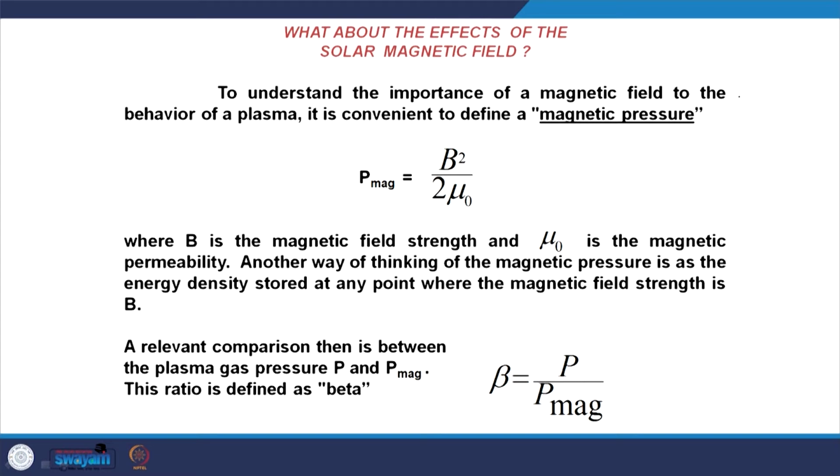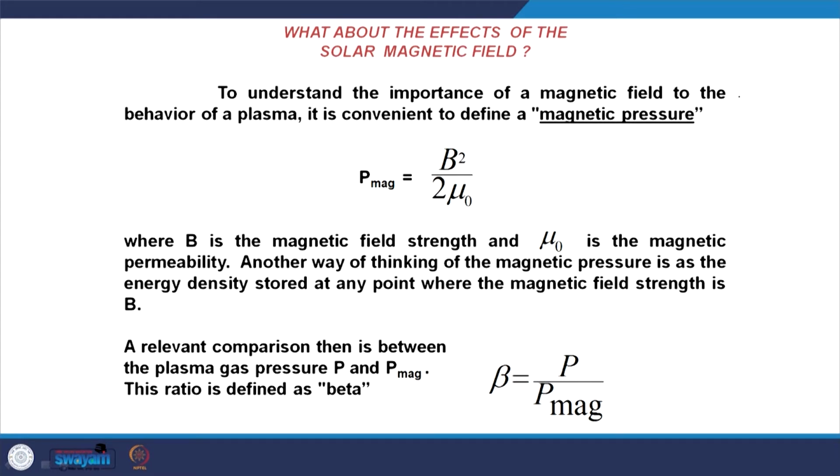If B is the magnetic field associated with a particular plasma in Tesla, then the magnetic pressure is given as B squared by 2 mu naught, where B is the magnetic field strength and mu naught is the magnetic permeability of free space.